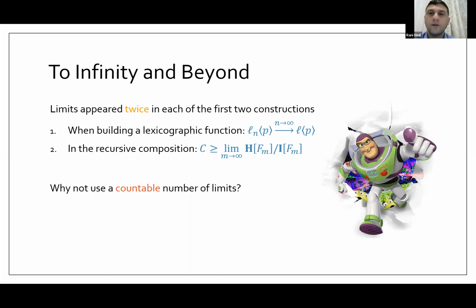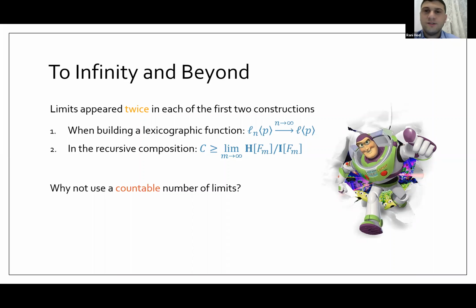So this is one use. And the other use of the limit was when we did the recursive composition, meaning that we built a sequence of functions, this F1, F2, Fm, and took m to infinity. So we had two limits.